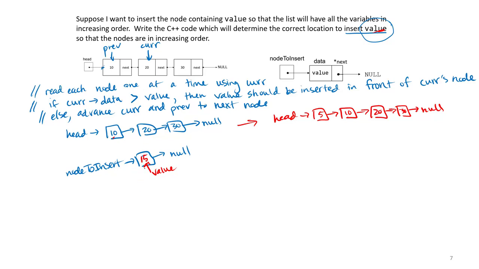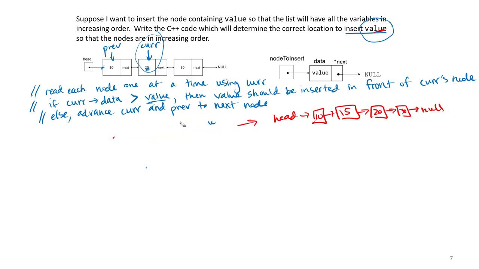So let's now consider the case where our value is 15. 15 is between 10 and 20. So here, current arrow data would be greater than value, and we would want to insert our node containing 15 between the 10 and the 20. As illustrated here, we want to use those pointers current and prev in order to identify where to insert that new node.